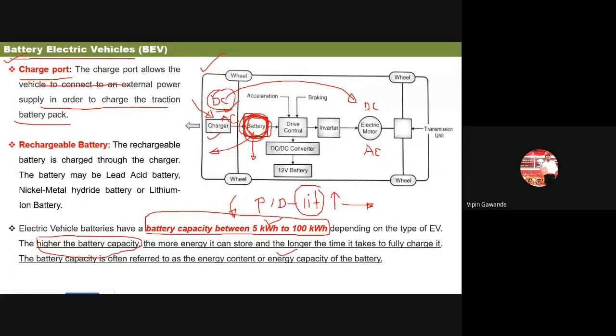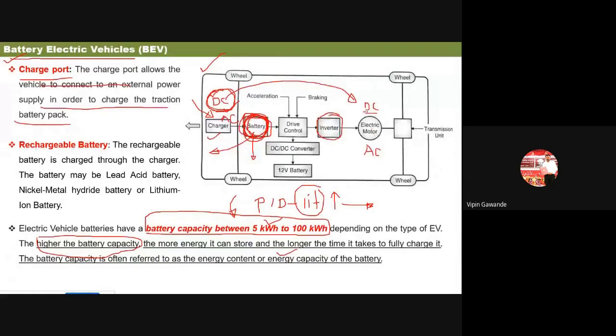ओके. आणि आपण एकदा याला कन्वर्ट केलेला आहे, in case of the solar photovoltaic power plant, we have seen there the solar energy is converted into electricity using the solar panel, and the current which is generated is DC current, and then we have converted the DC current into AC current using what? Using the inverter. So in the vehicle the electric motor may be in the form of DC.